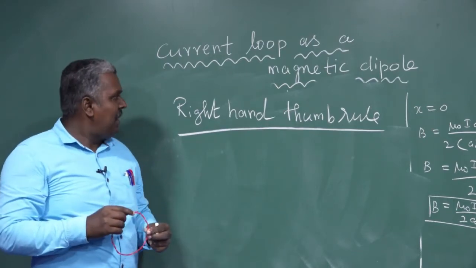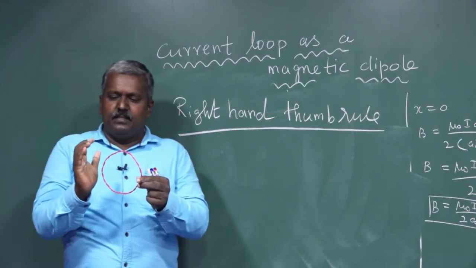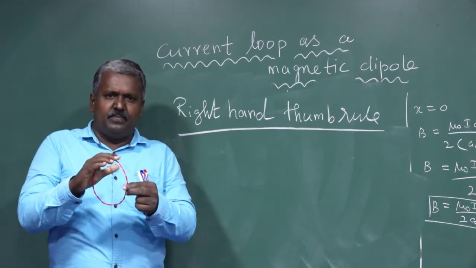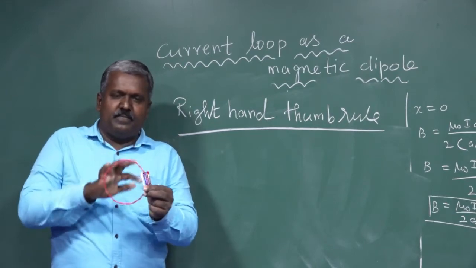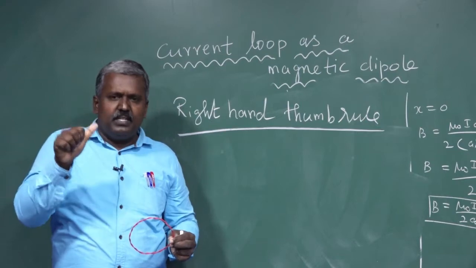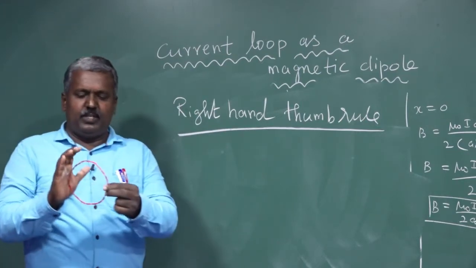If we curl the fingers like this along the circular coil, the stretched thumb gives us the direction of the magnetic moment. That's all.